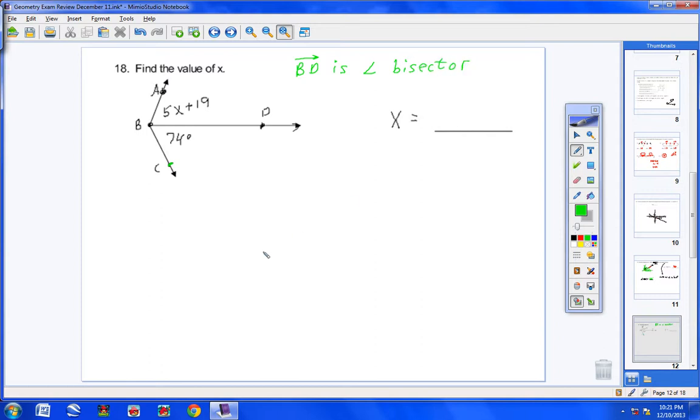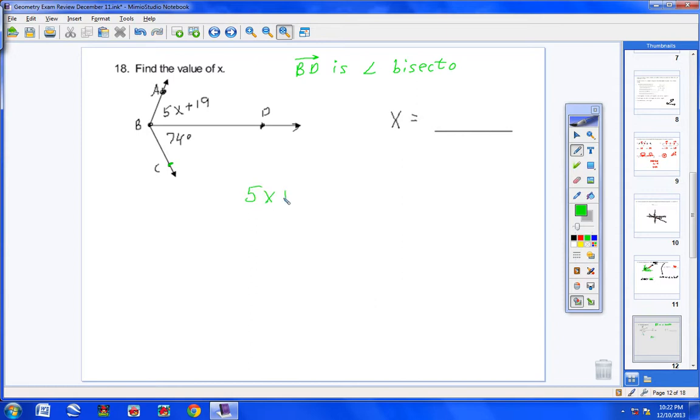So that means this ray right here is cutting this big angle right in half. So this angle right here with one dot is congruent to this angle here with one dot.